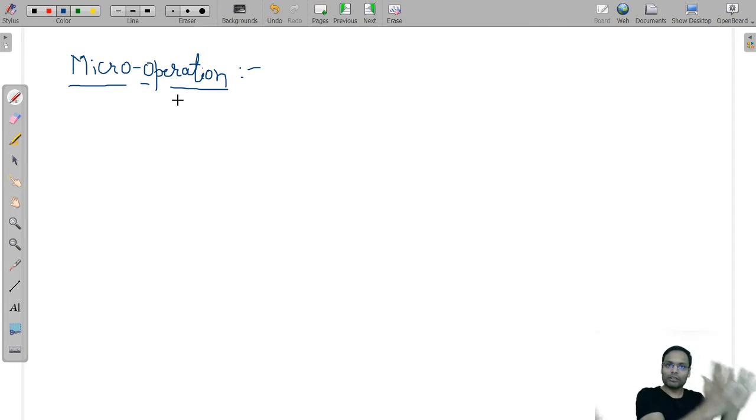Just imagine one operation. Instruction execution requires instruction fetch, operand fetch, decode, execution or write back. Multiple things are required, right? Even one phase, like instruction fetch, can be counted as one operation.